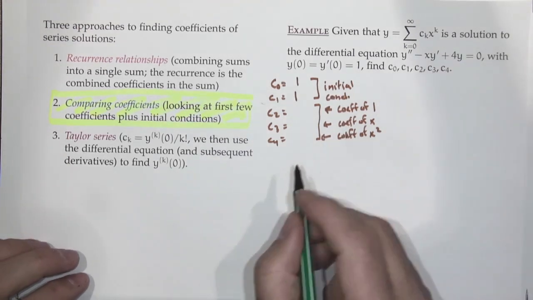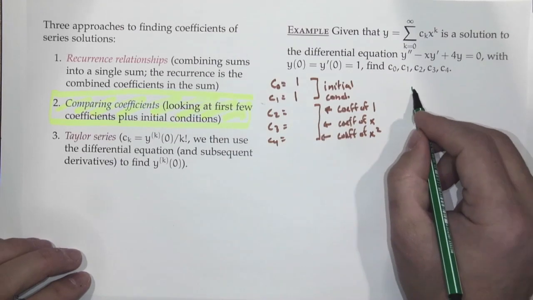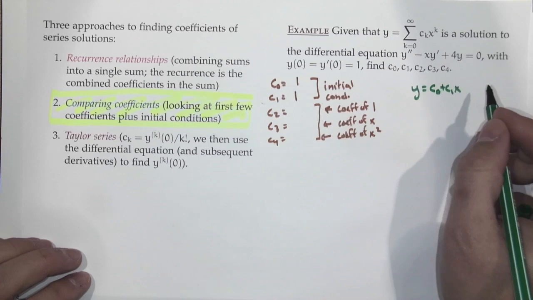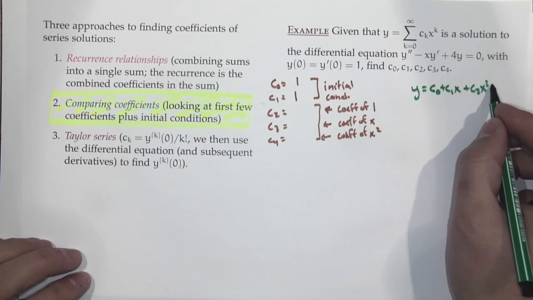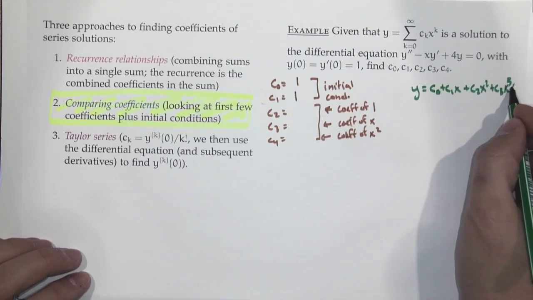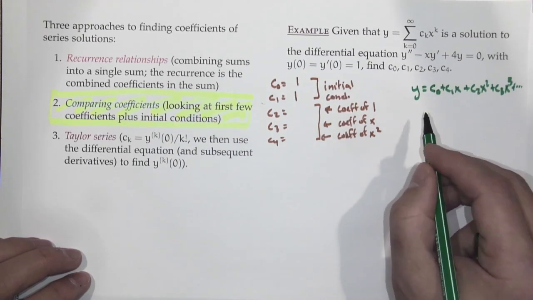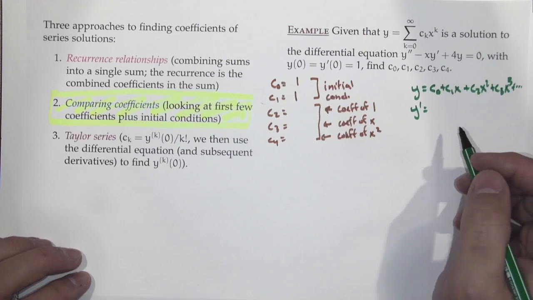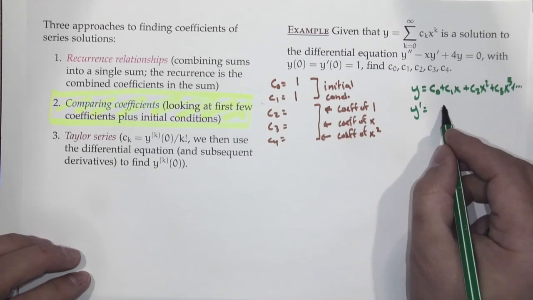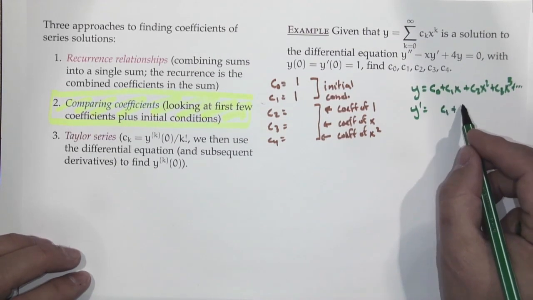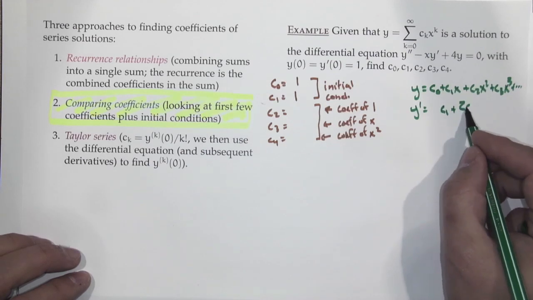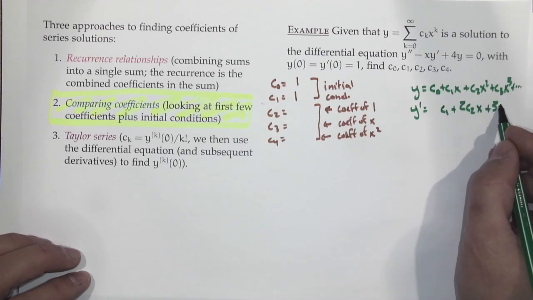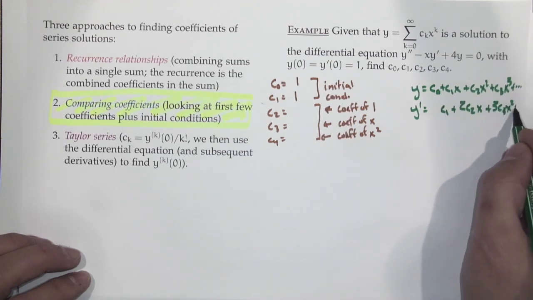Okay, so we start with y. Remember, what does y look like? It looks like c0 plus c1x plus c2x squared plus c3x cubed plus dot, dot, dot. Y prime will be c1, 2c2x, 3c3x squared, dot, dot, dot.